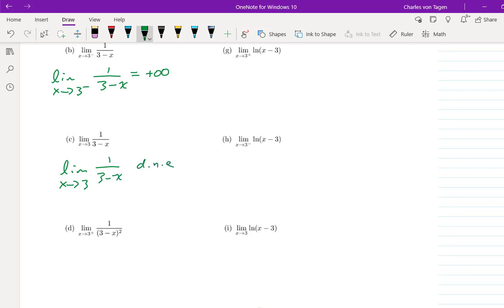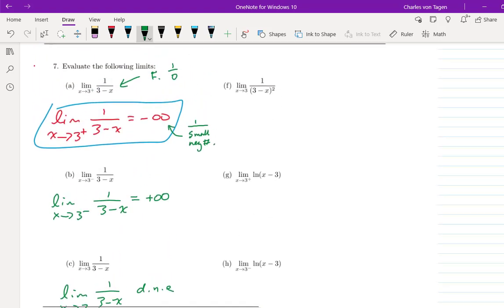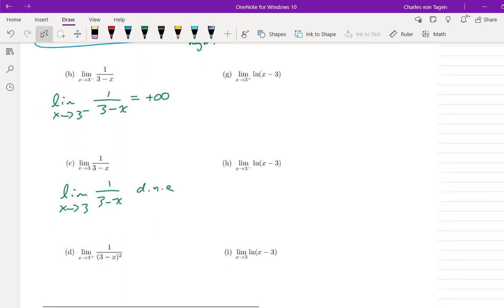Now, if I only asked you part C, what do you need to do? You'd have to show the left-hand limit and the right-hand limit, show that they're not equal, and then you can conclude that the limit doesn't exist. But because you've already done that in part A and part B, I'm not going to make you repeat your work. Does everyone understand what I just said?